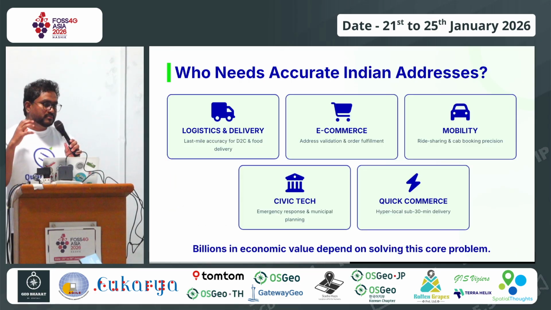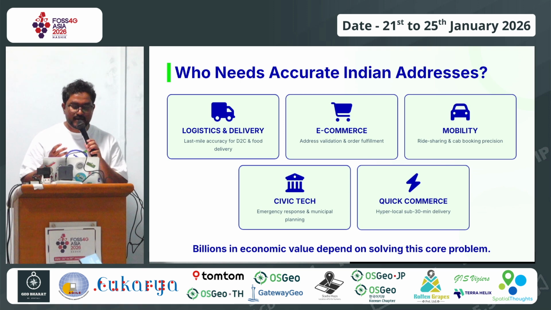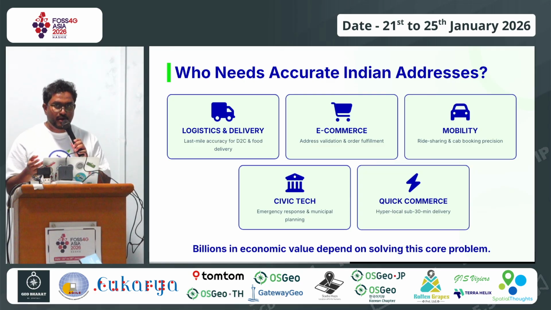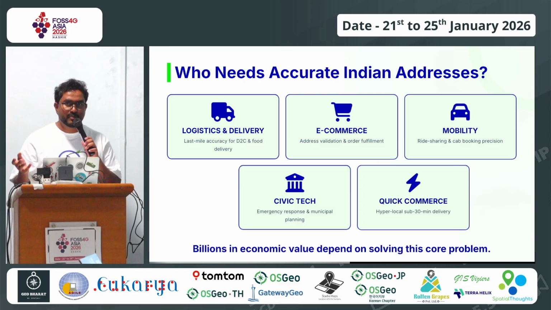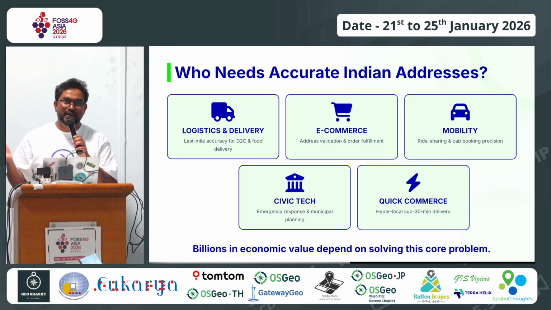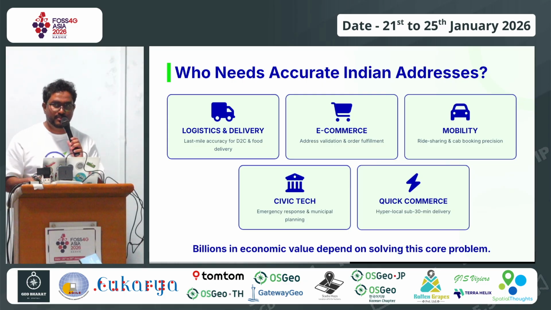So now, who needs accurate Indian addresses? This is my perception: it can be useful especially for logistics and delivery, e-commerce, especially D2C brands, and mobility. Let's say you are trying to build something like Uber or Ola, you can use this API, as it has DigiPin plus lat-long and other systems as well.